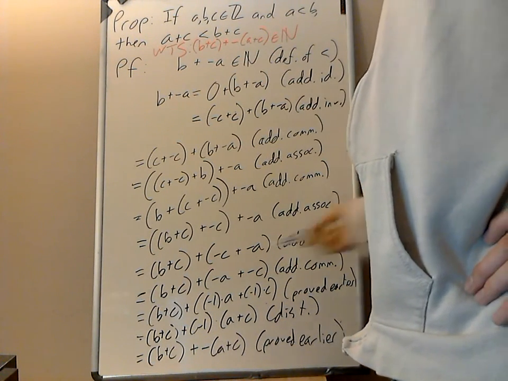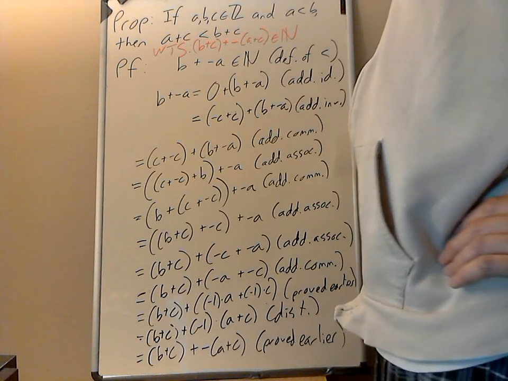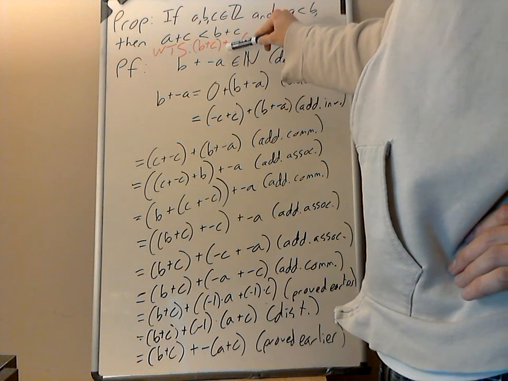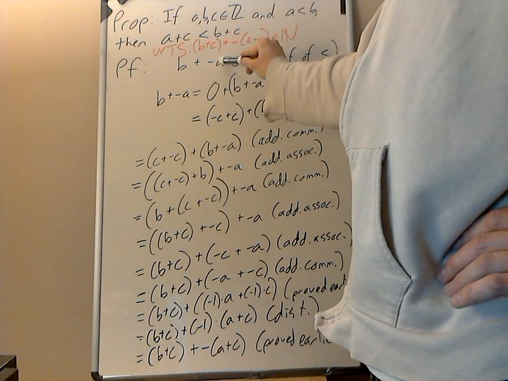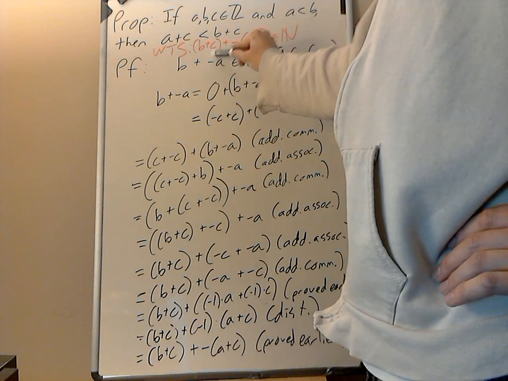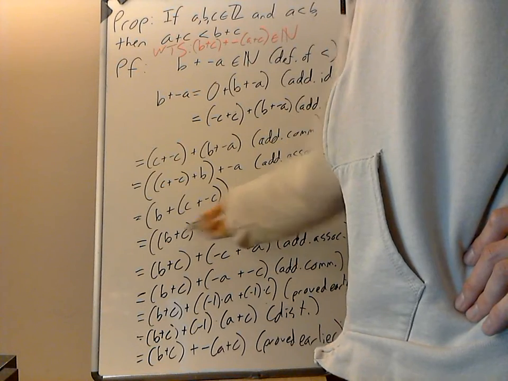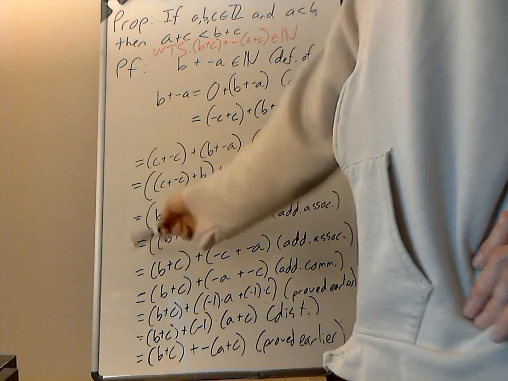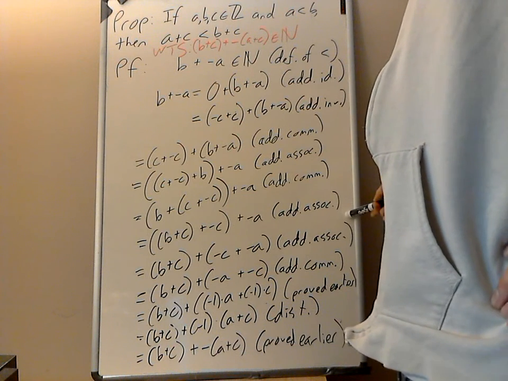Next thing we do is we want to group the c together with the b, and we want to do this because our expression here has b plus c in parentheses together on the left. So we have b plus c in parentheses plus negative c, all of which in parentheses plus negative a. And we did this transformation by associativity.